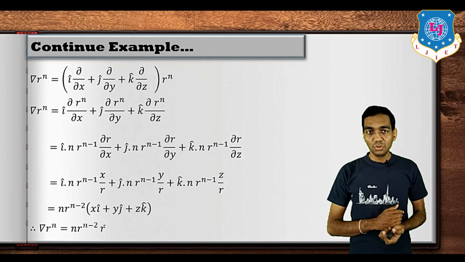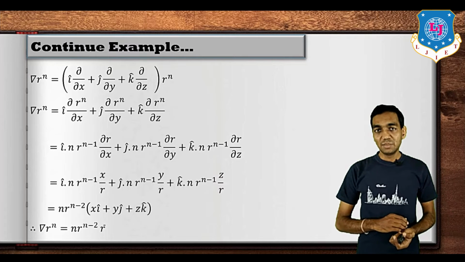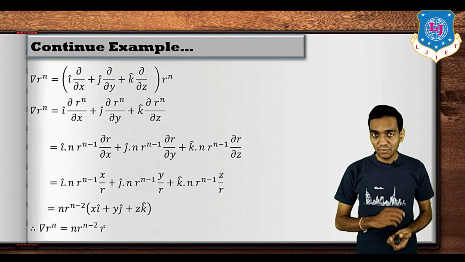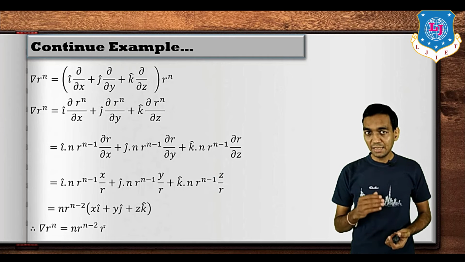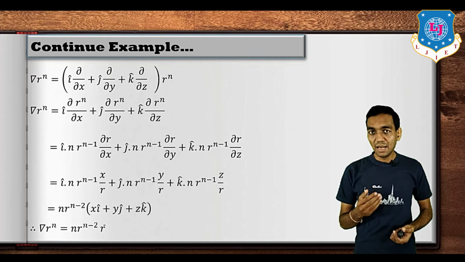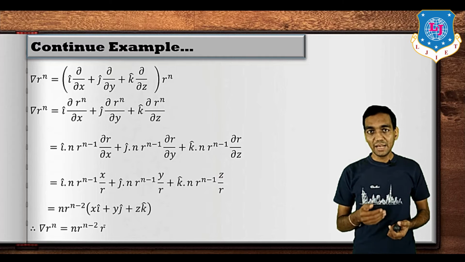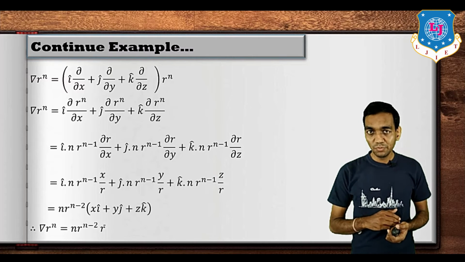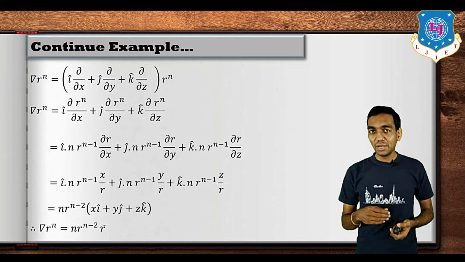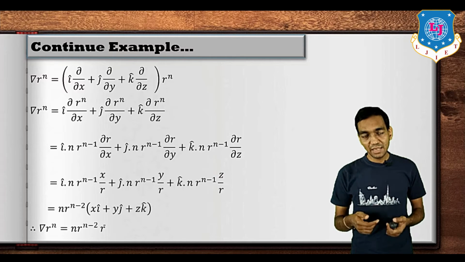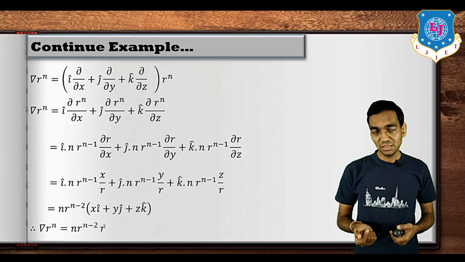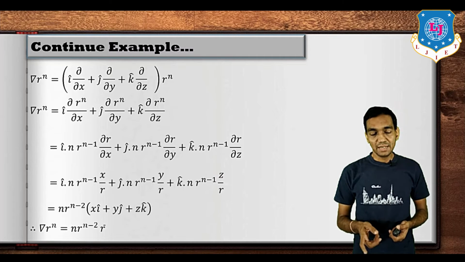So that will give you the final simplified term: grad of r raised to n is equal to i into n r raised to n into x into r raised to n minus 2 plus j into n into y into r raised to n minus 2 plus k into n into r raised to n minus 2 into z.